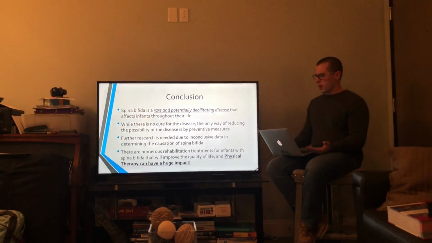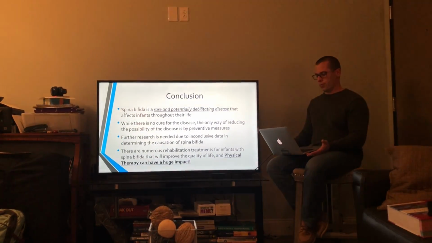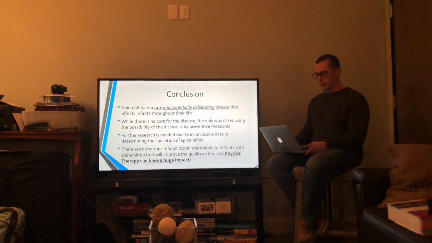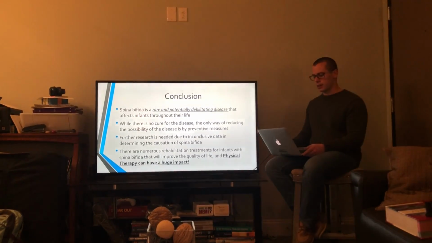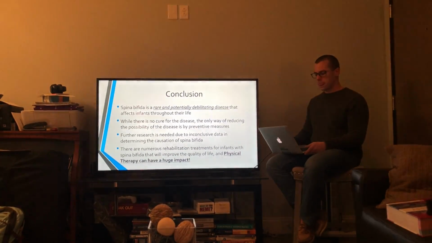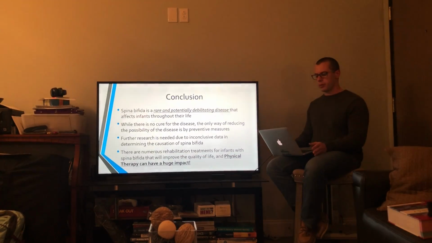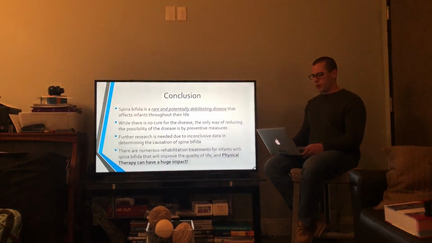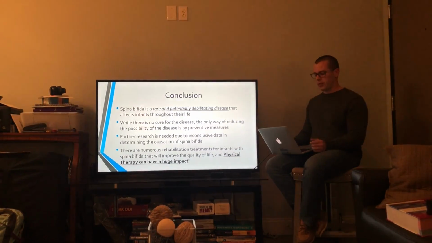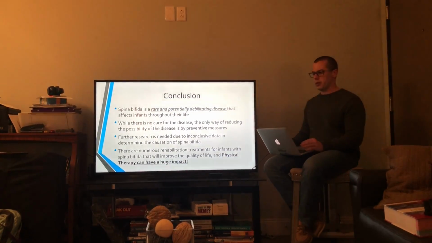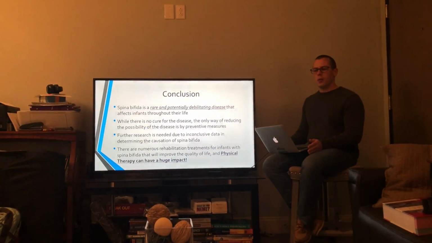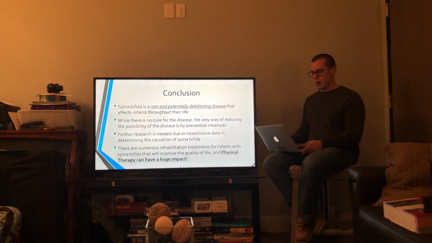And so my conclusion is that spina bifida is a rare and potentially debilitating disease that affects infants throughout their entire life. There's no 100% cure, and the only way of reducing the possibility of the disease is by preventative measures, which means tackling those modifiable risk factors.